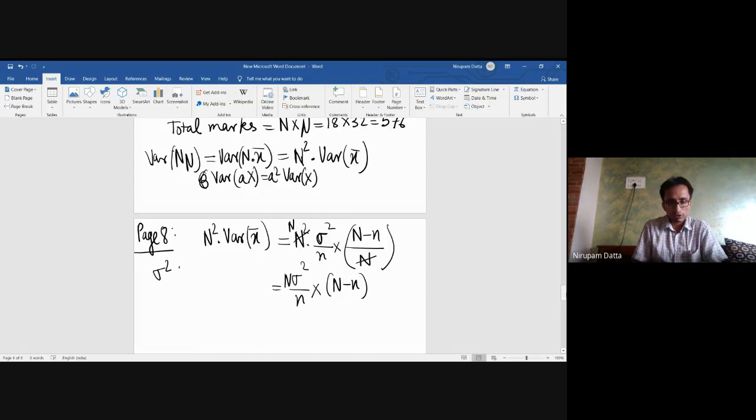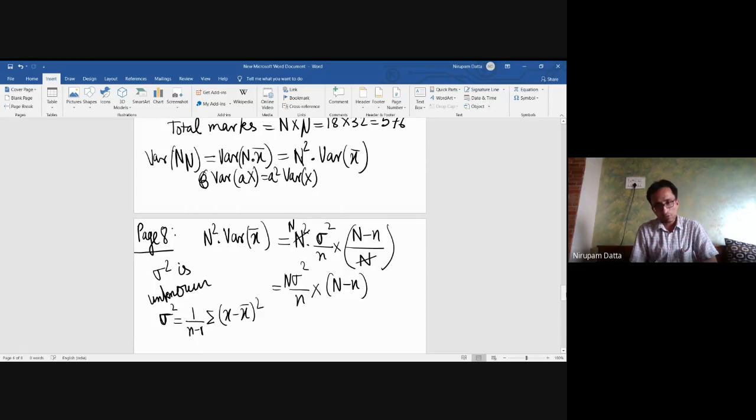But here sigma square is unknown. So for the unbiased estimator of sigma square, you can use this formula: sigma square equal to 1 by n minus 1 into summation of x minus x bar square.